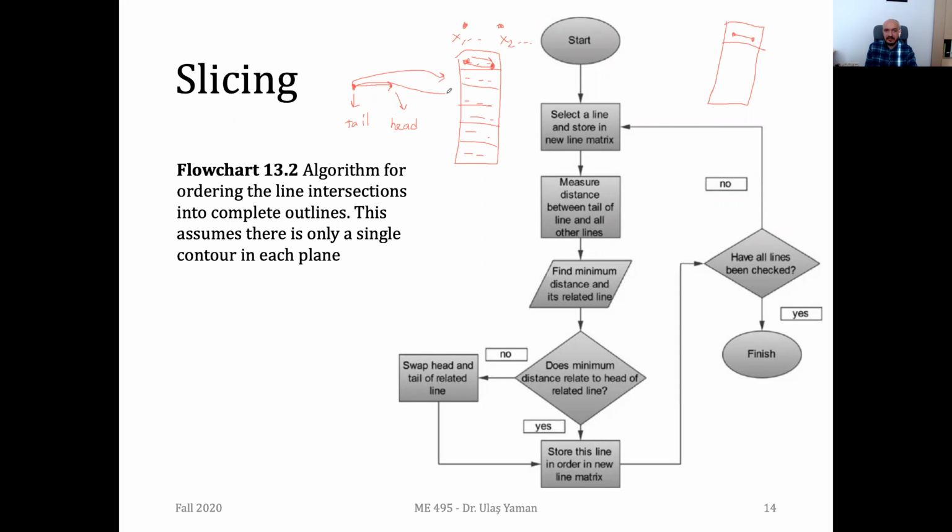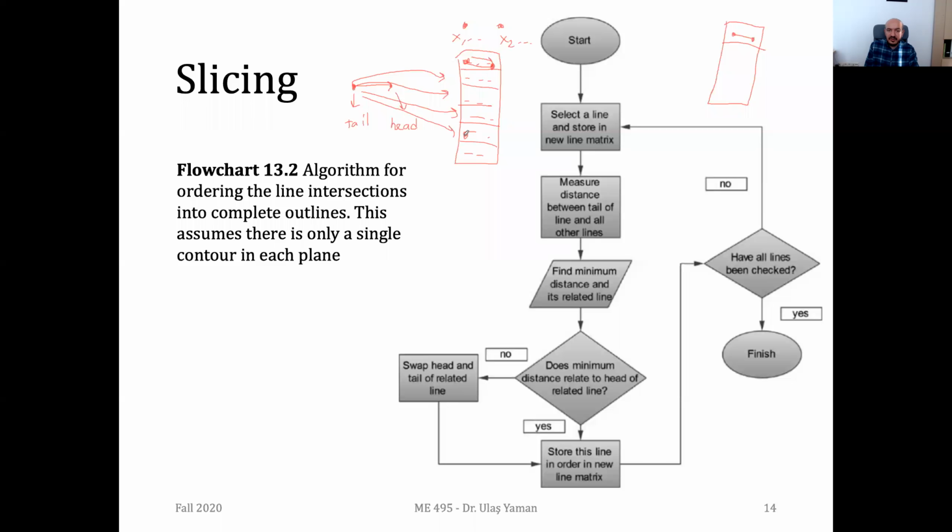As you see, there are many line segments here. We check the distance of our tail with the coordinates of the other line segments, and then we try to find the line segment which should actually have a 0 distance between the tail and the corresponding line segment.